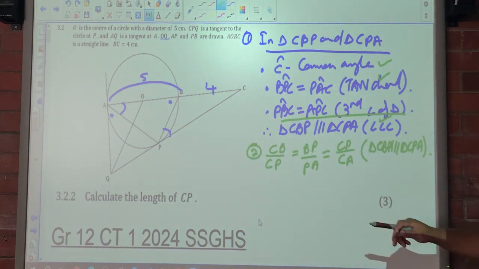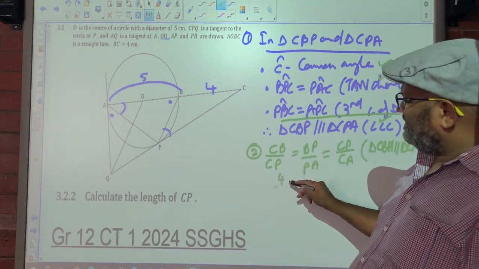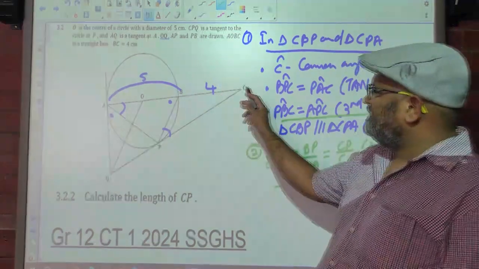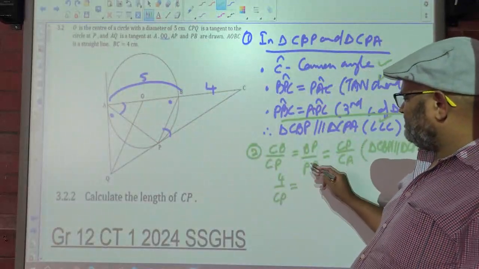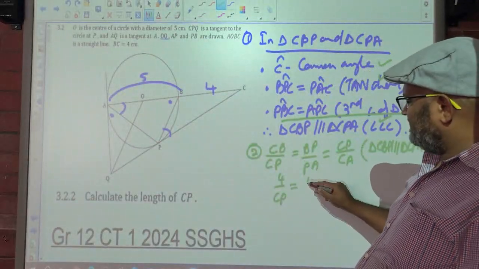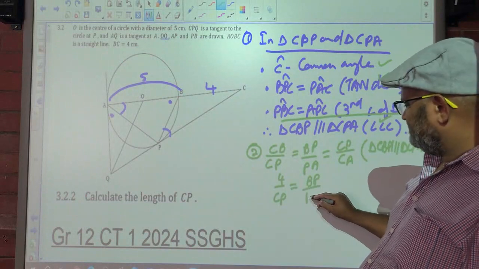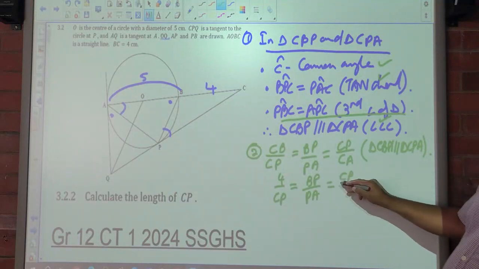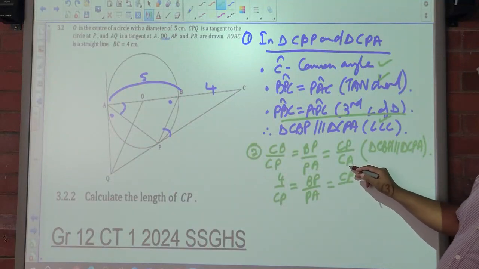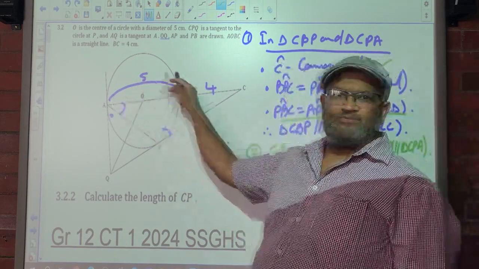Okay. What's the length of CB? 4. CB is 4. CP unknown equals BP unknown, PA unknown, equals CP unknown over AC, 9. As you can see from there to there is 9.